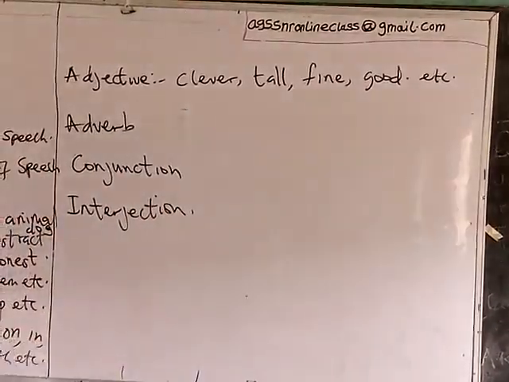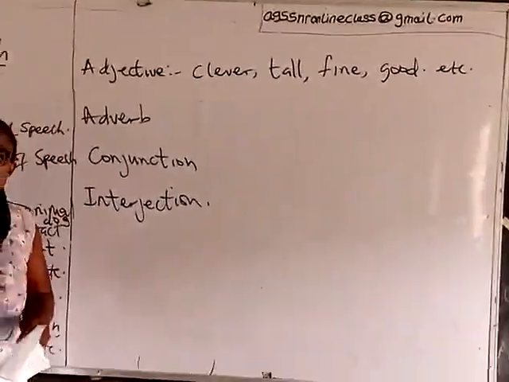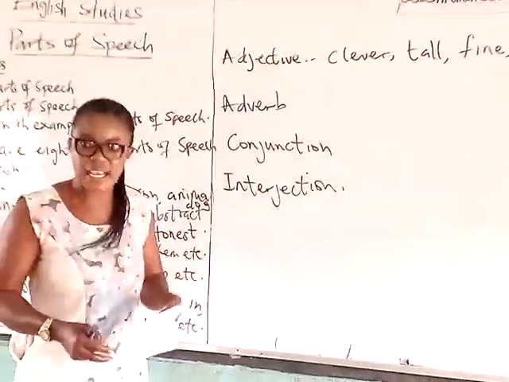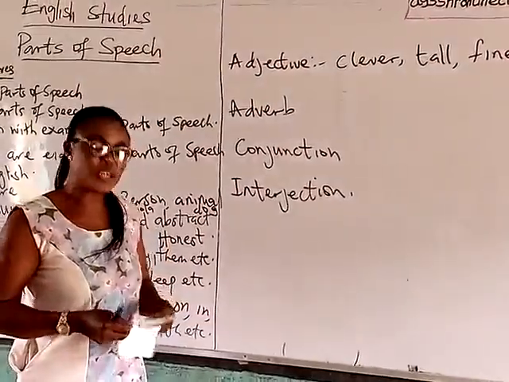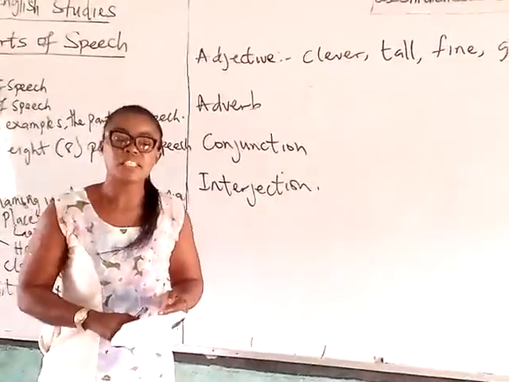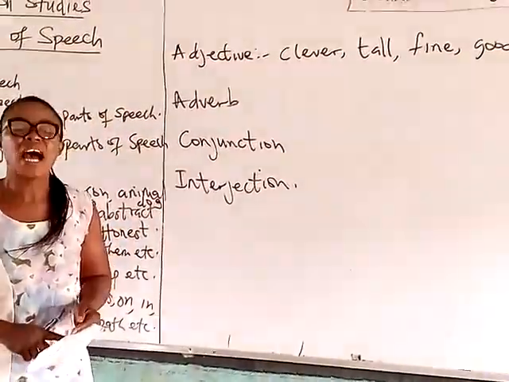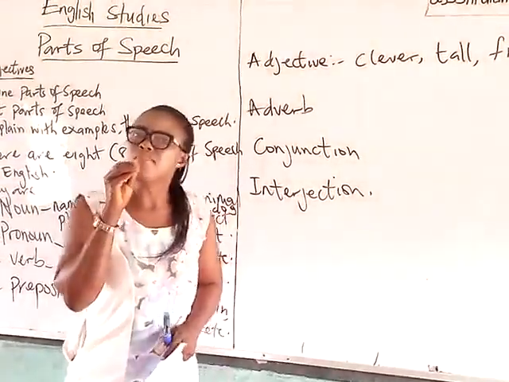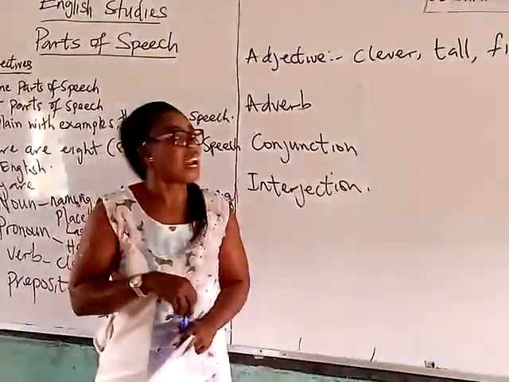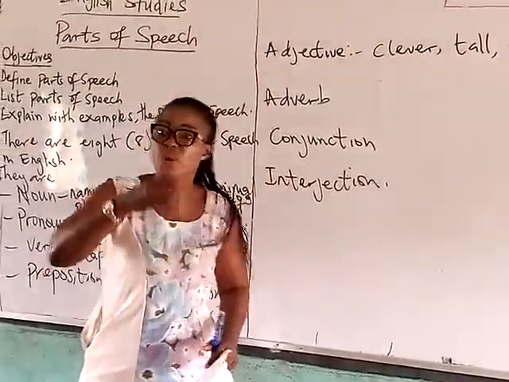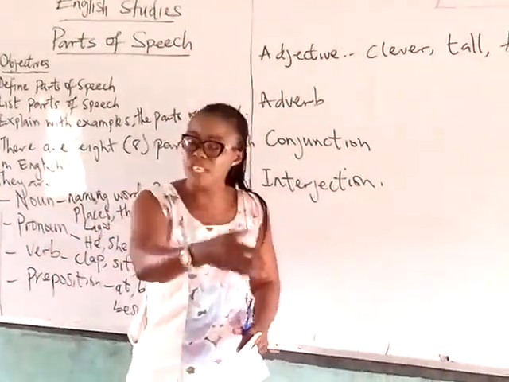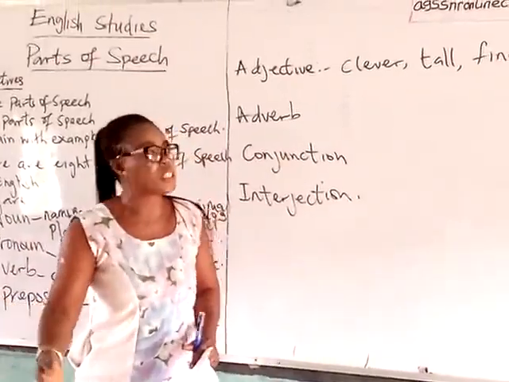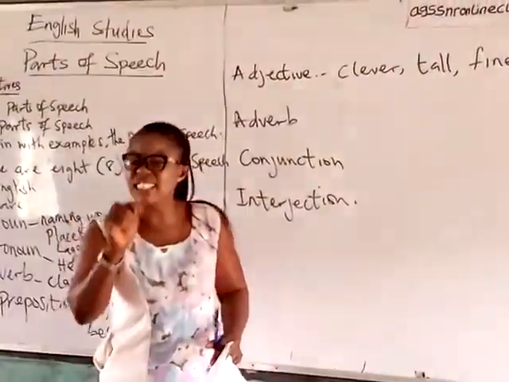From there we move to adverb. What is an adverb? Adverbs are words in English that modify. An adverb modifies a verb, it modifies an adjective, and it modifies another adverb. Most English adverbs end in ly.